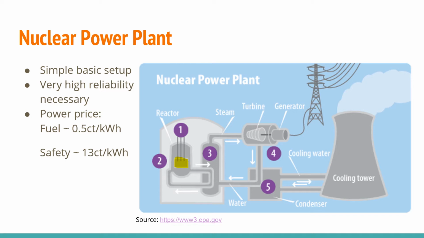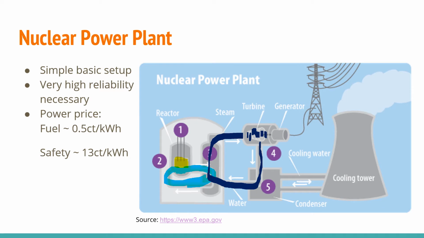And this vessel drives now a water cycle in this way around. Let's follow the arrow. And this water cycle is containing hot water, of course. And this water cycle is then exchanging its energy to another water cycle. And this water is then running through a turbine and going back to this. So this is the second cycle.